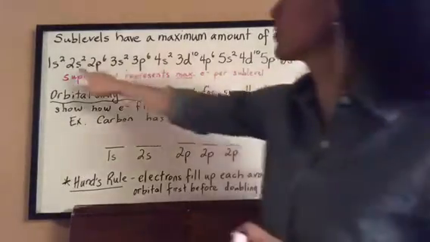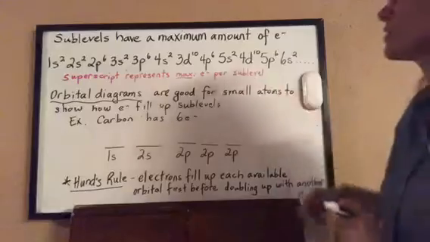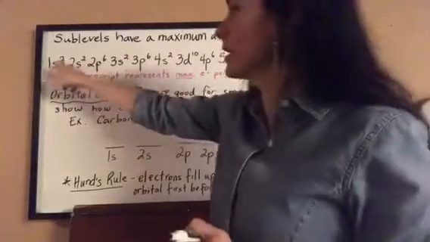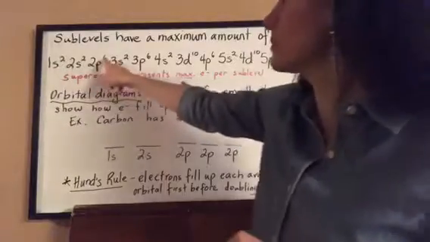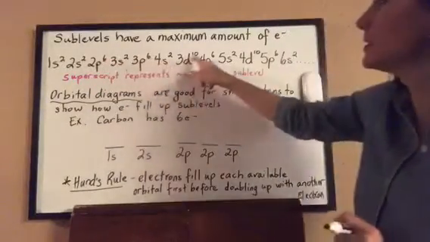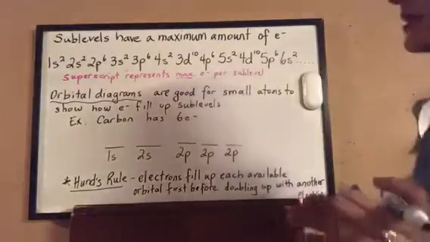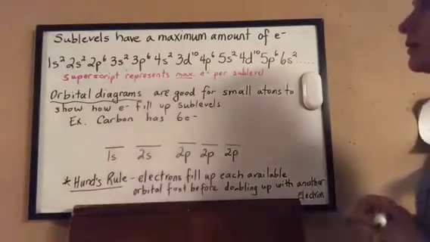The superscripts represent the maximum electrons per sublevel. Now you can have lower than that, but s will not exceed 2 electrons, a p sublevel will not exceed 6, a d sublevel will not exceed 10, and an f sublevel will not exceed 14.